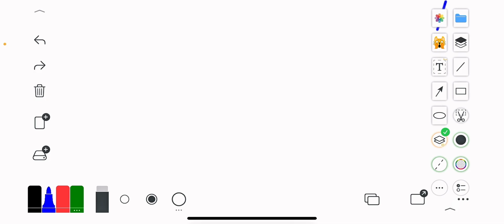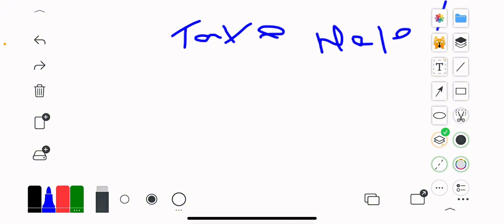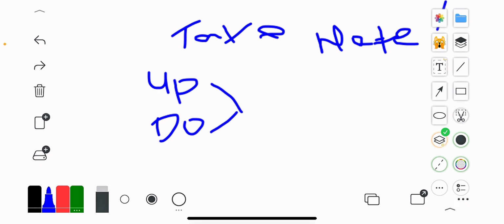Okay, I want you to take note of this. When the market is in an uptrend or a downtrend, what should you do?